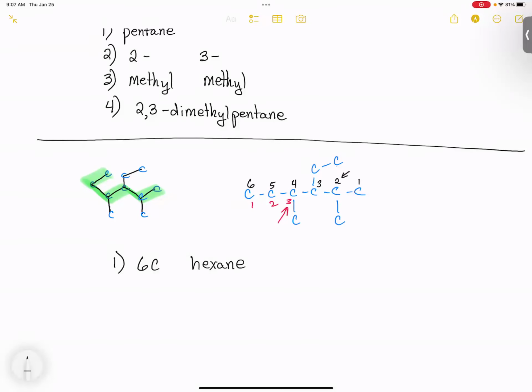You always want the lowest number. So we number it from right to left in this case. We have substituents on 2, on 3, and on 4.